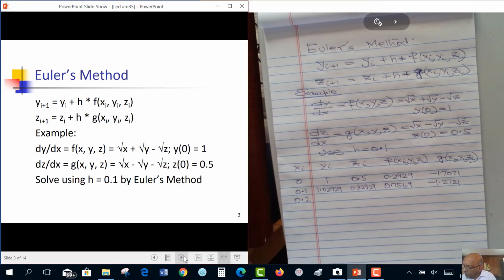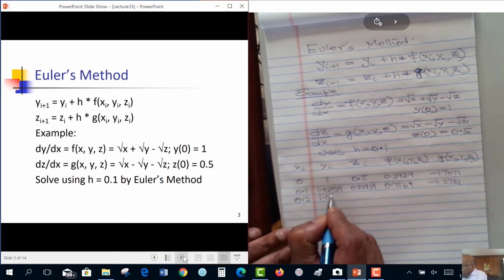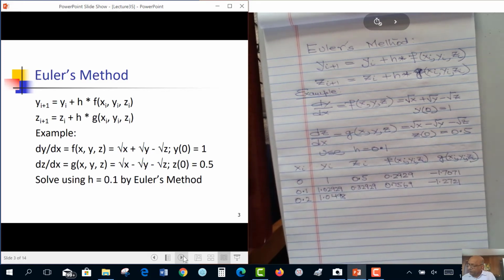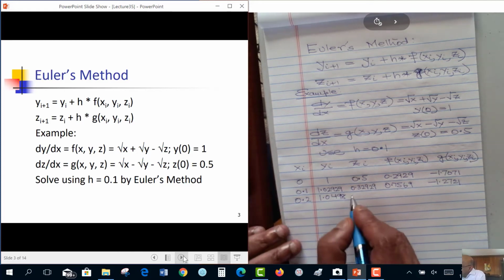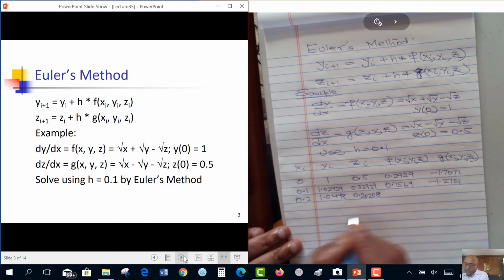So at next x, our y would be 1.02929 plus 0.1 times 0.7569, and we'll get 1.0498. Next one would be 0.32929 plus 0.1 times negative 1.2721. So we'll get 0.20208.